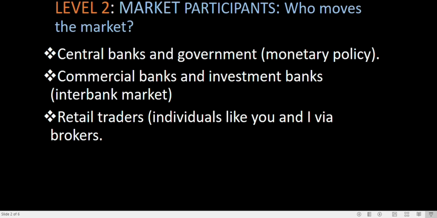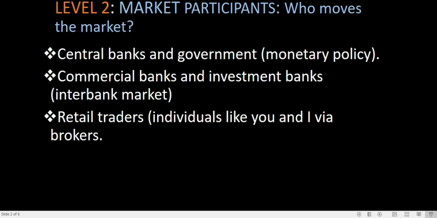Secondly, commercial banks and investment banks, that's the interbank market. Then we talk about retail traders, individuals like you and I, via brokers.